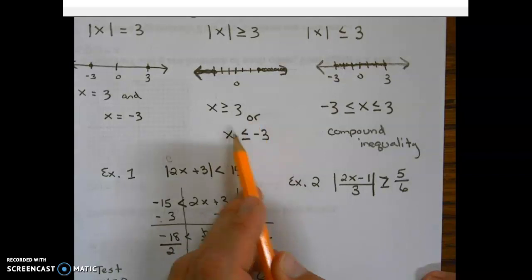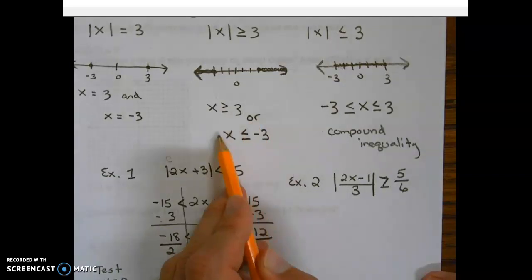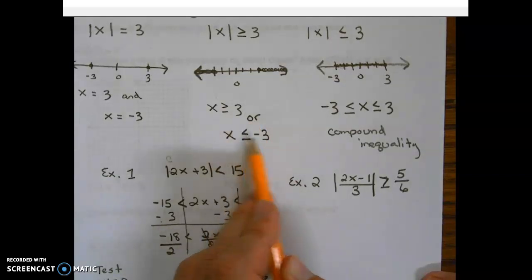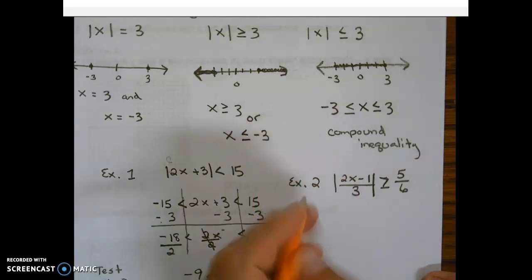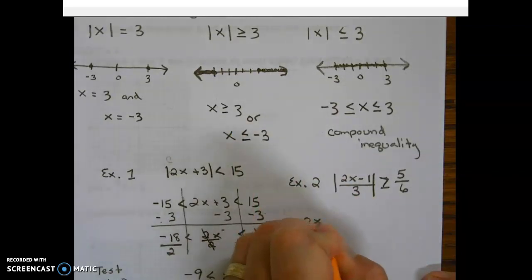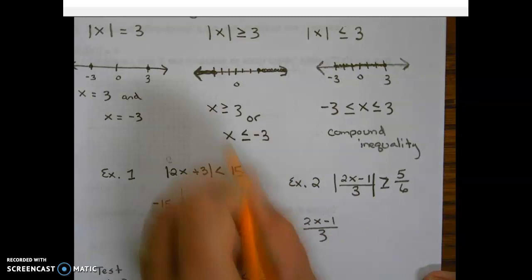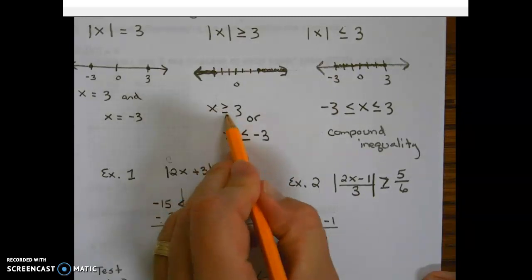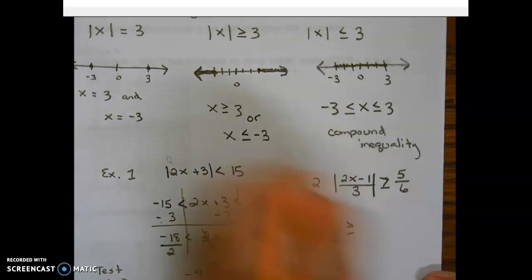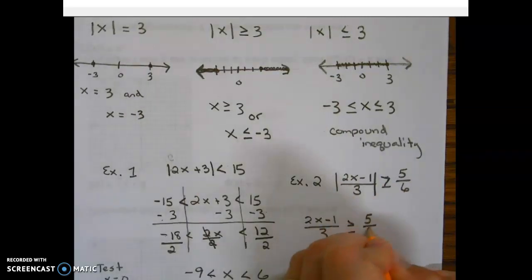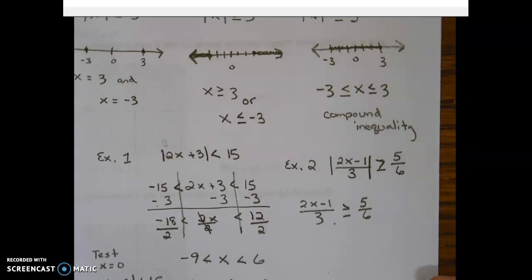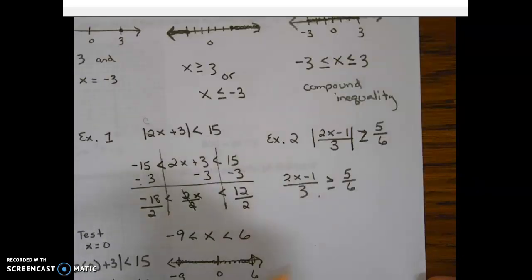Or we want to set what's inside less than or equal to the negative value. Okay, so following this model, we're going to take what's inside, okay, and set it greater than or equal to the value, which in this case is 5/6. So that's going to be 1 that we're going to solve.